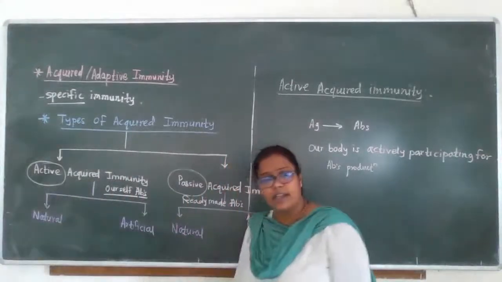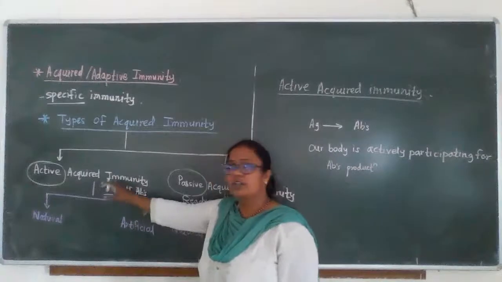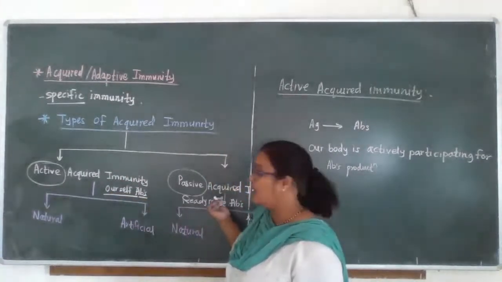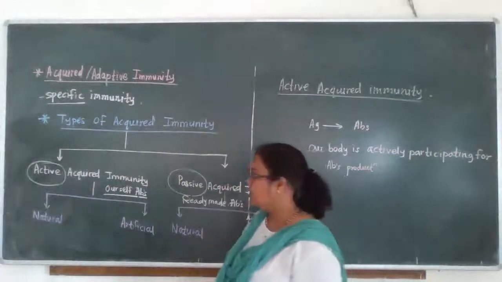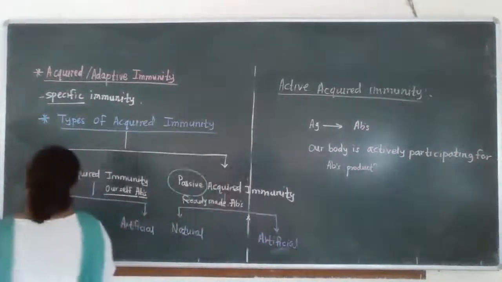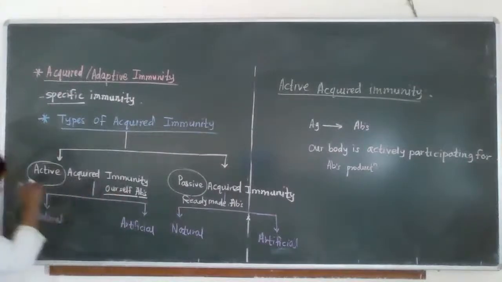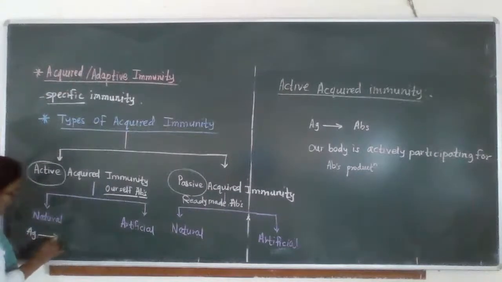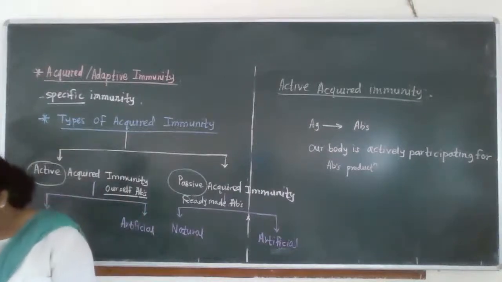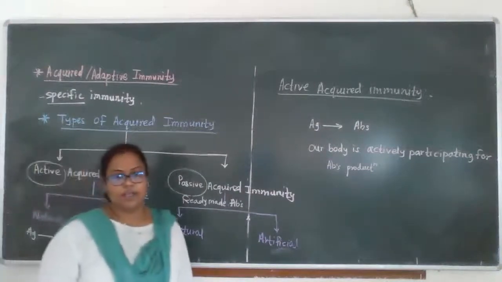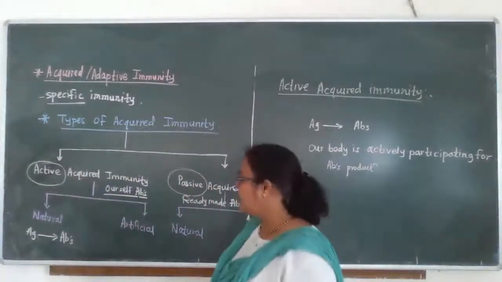Now we are moving to the next point. Both active and passive immunity are divided into natural and artificial. The first one, natural active acquired immunity, means that when any antigen invades our body, our body naturally produces antibodies against it.